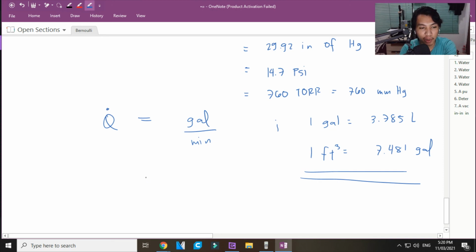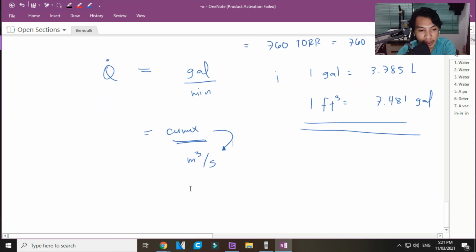Ito, pag sinabing Qmex, what is Qmex? This is cubic meter per second. Yan yun. Pag LPS, what is LPS? Liters per second.